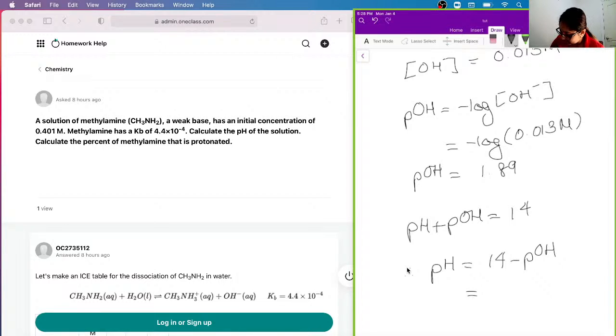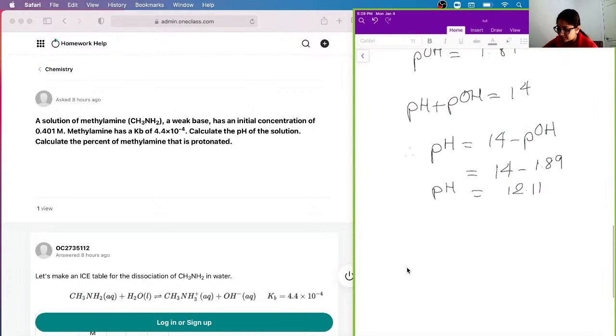So your pH would be 14 subtracted by your pOH, which is 1.89. And what you get here is 12.11 as your pH. So as you can see, this is pretty basic, and that's why it is a base. And so this is your pH.